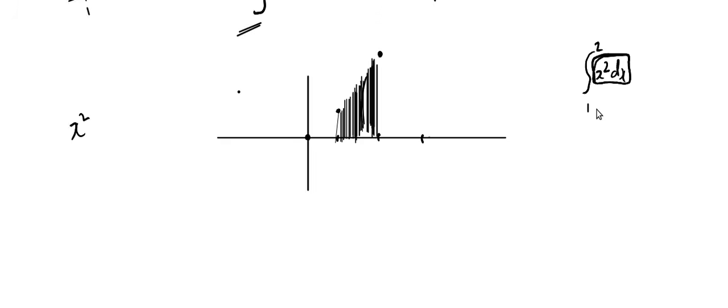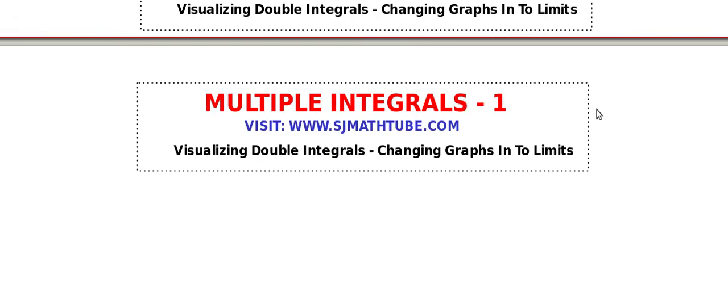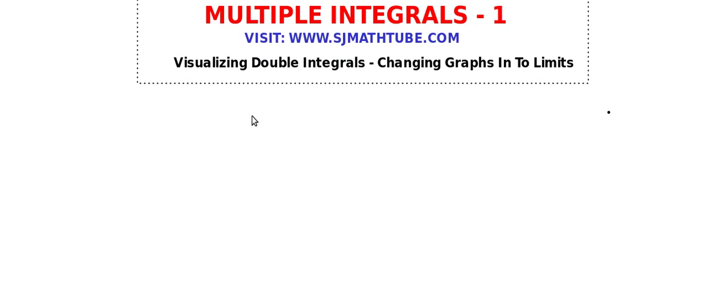Now we shift our focus and we start our double integration. Look at this. In single integration, there is only one input variable, and here the input variable is x.